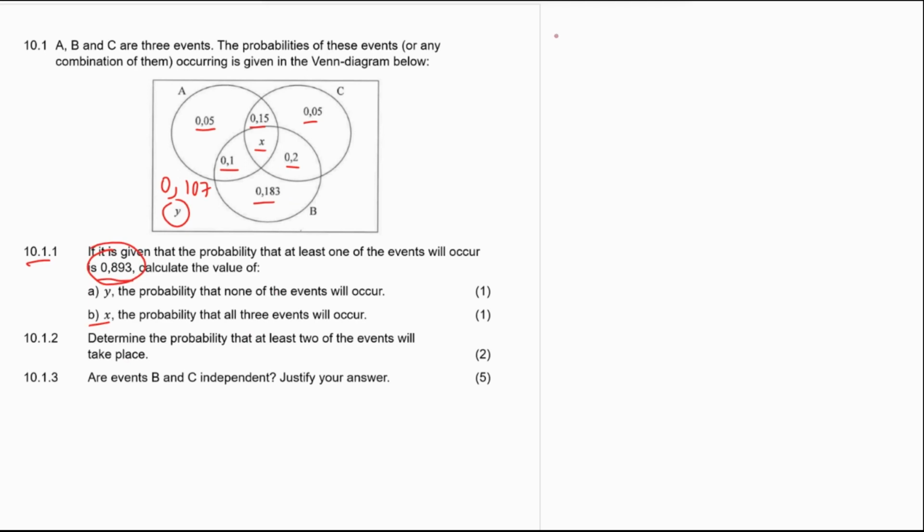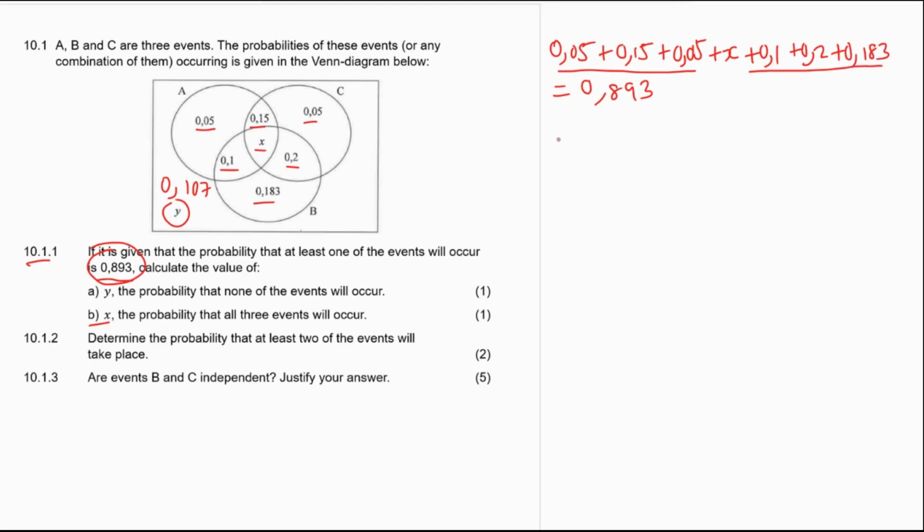So meaning that 0,05 plus 0,15 plus 0,05 plus X plus 0,1 plus 0,2 plus 0,183. All these will give us 0,893.